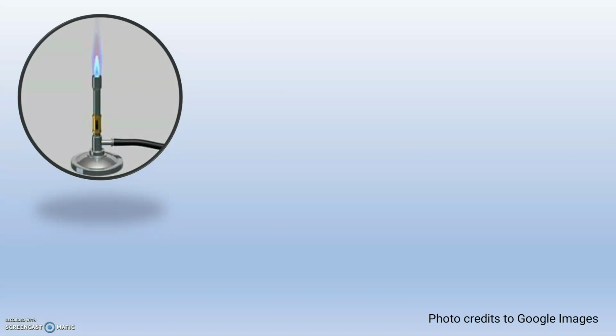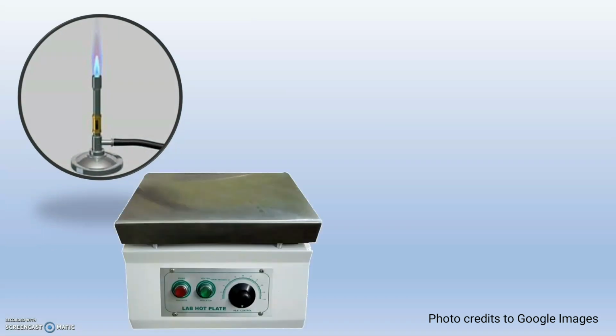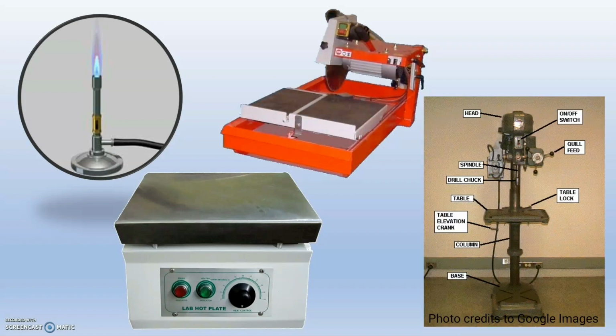Some commonly used devices such as Bunsen burners, hot plates, saws, and drills may not require a documented risk assessment, assuming that the student researcher has experience working with the device.